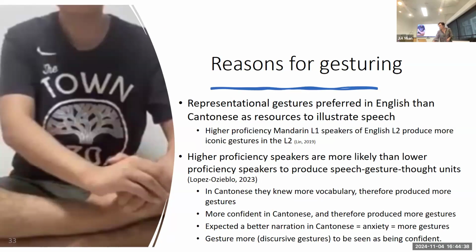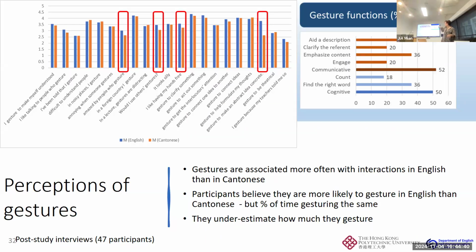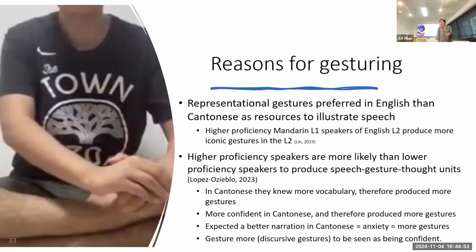Why do they gesture? Oh, let me come back. So the last red box in there says, I gesture to make an abstract idea more concrete. And if you see, this answer was given more in English than in Cantonese.